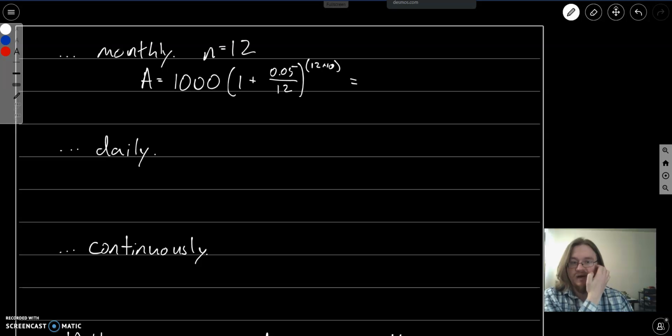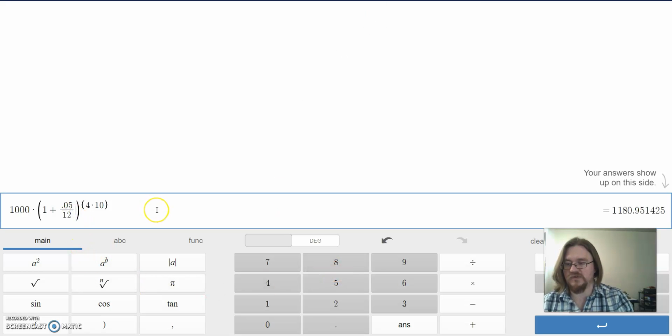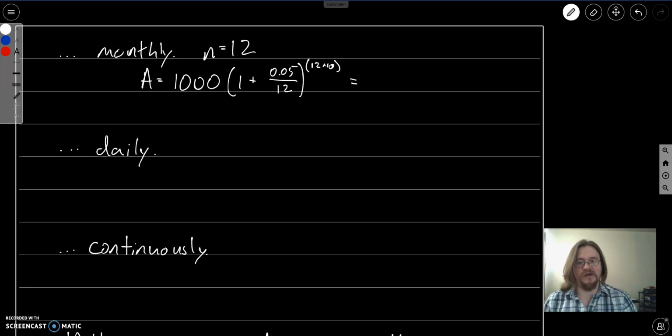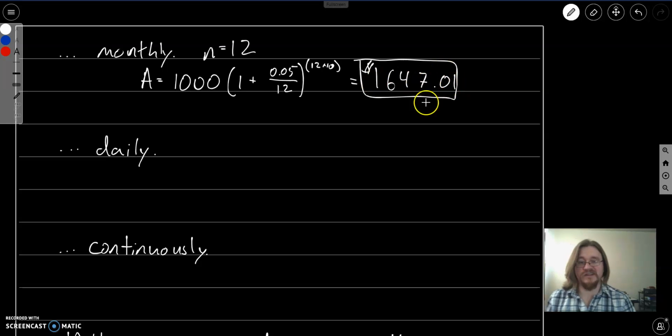And here, we can come back and we'll change the 4 to a 12. And we get 1647.01 after I round this. So again, we're earning a little bit more money by doing this monthly.